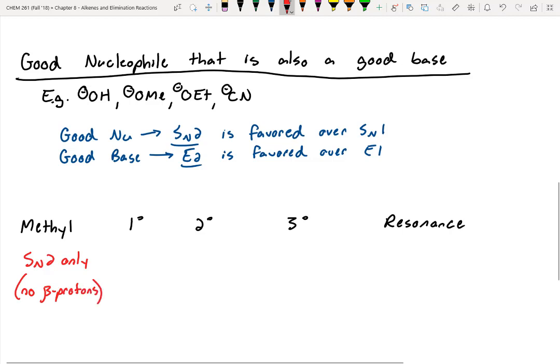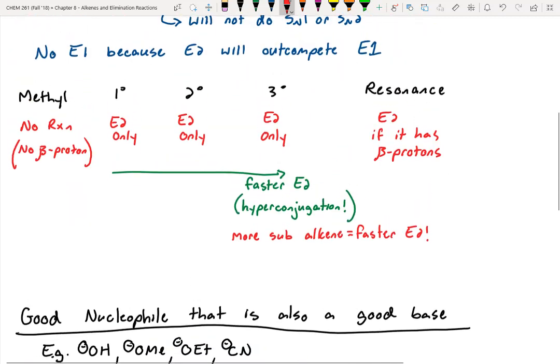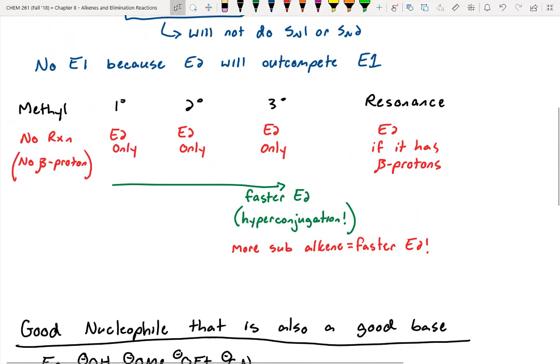What about primary? What do you think's going to occur? Okay, we could say either one, right? Because we know primary carbons can do E2 or SN2. But if we go back up and look at it, what do you notice about the rate for primary carbons? It's going to be slower. So competition-wise, which one do you think is going to be more likely? SN2.